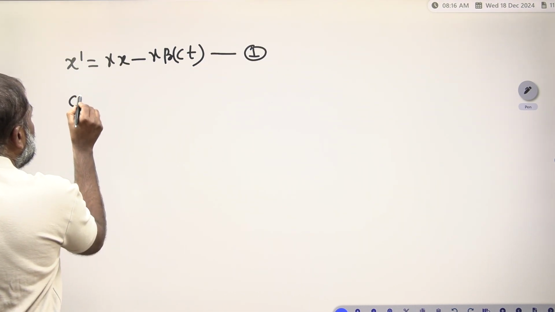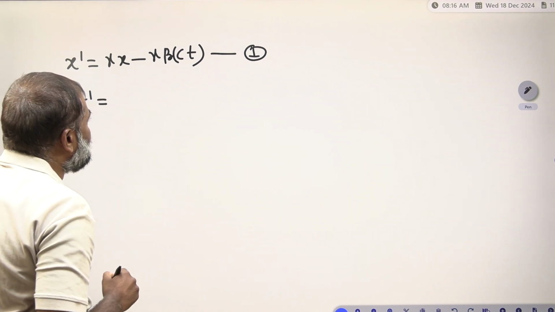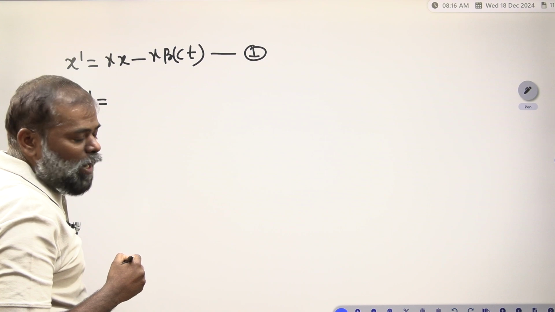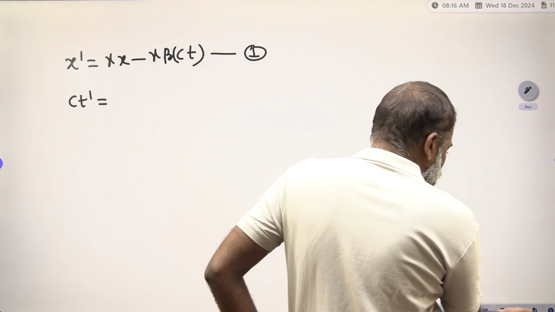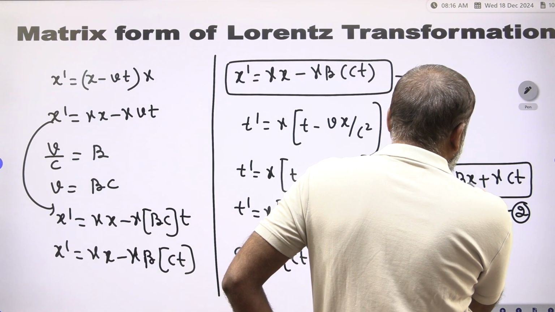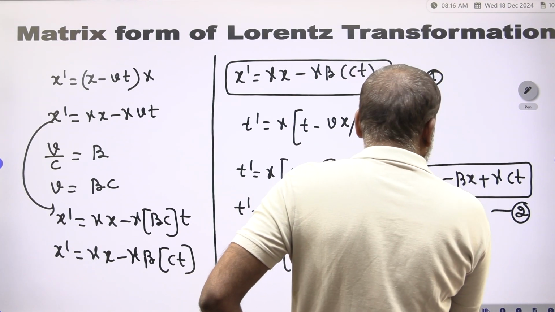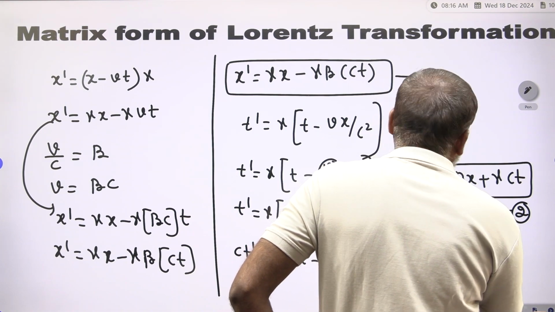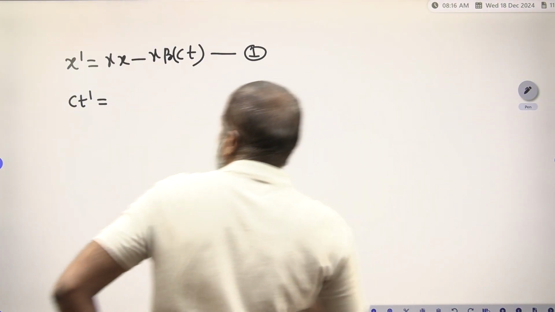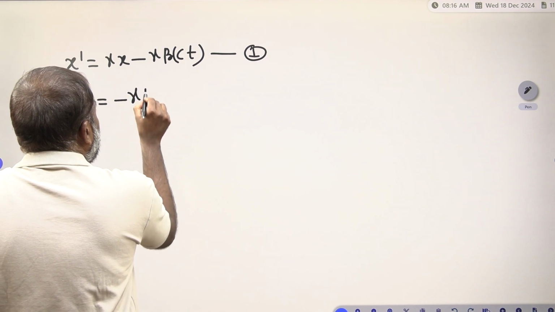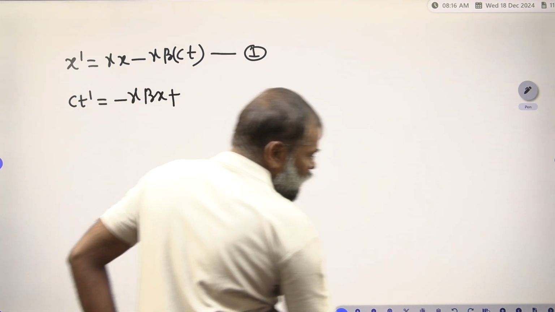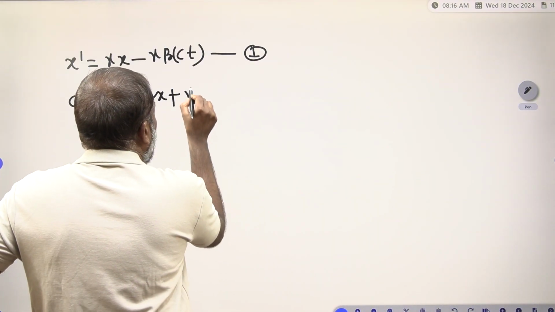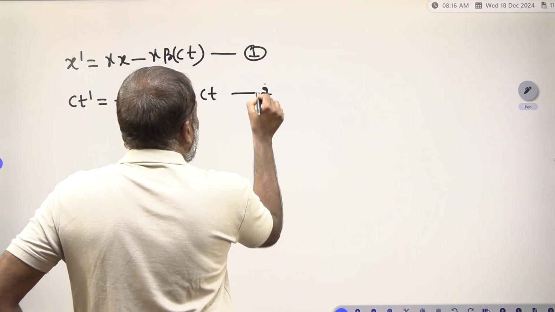Next equation, Ct dash is equal to minus beta gamma into x plus gamma into Ct. This is the equation number 2.